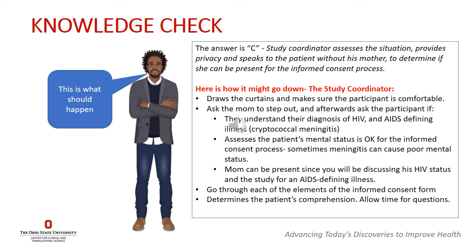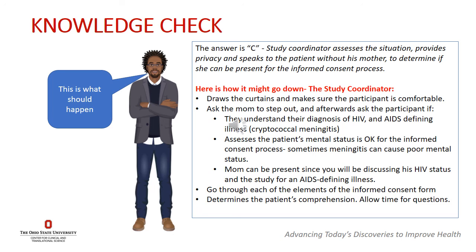The study coordinator draws the curtains and makes sure the patient is comfortable and that there's privacy. She asks the mom to step out and afterwards asks the participant if they understand their diagnosis of HIV and AIDS as an AIDS-defining illness of cryptococcal meningitis.